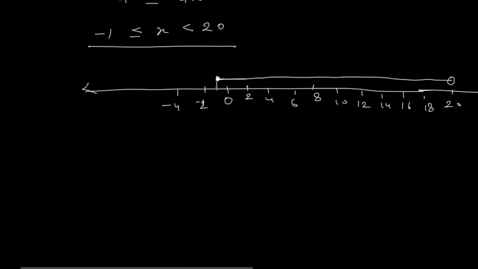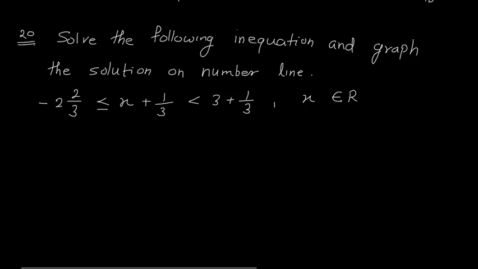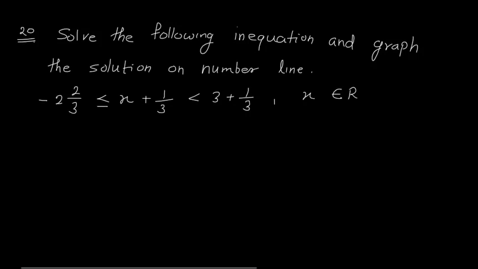Now the 20th problem is: solve the following inequation and graph the solution on the number line. The problem is in mixed fractions, so let us convert it into improper fractions. Here it is minus 2 divided by 3 is less than or equal to x plus 1 divided by 3, which is less than 3 plus 1 upon 3.